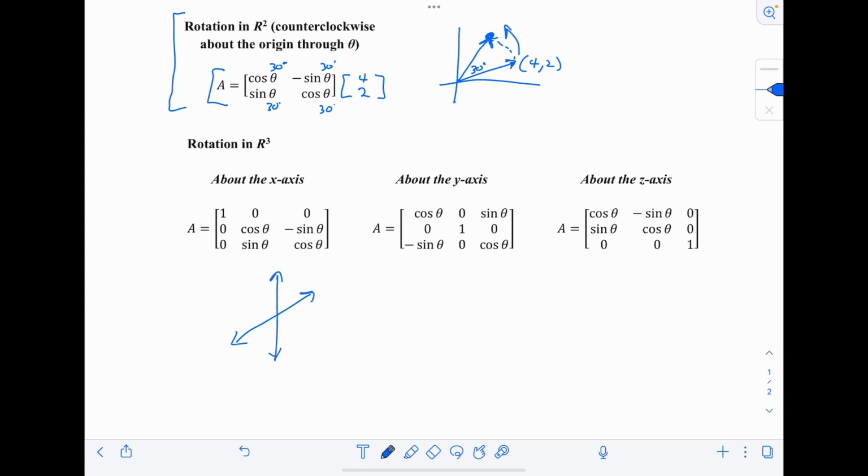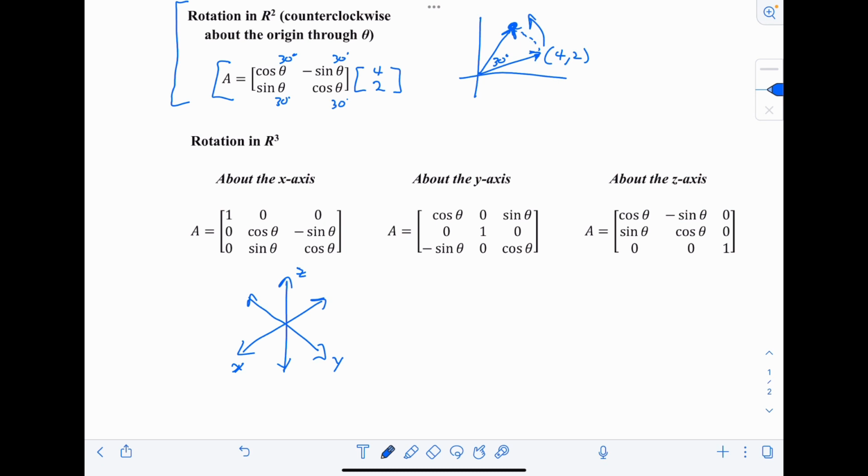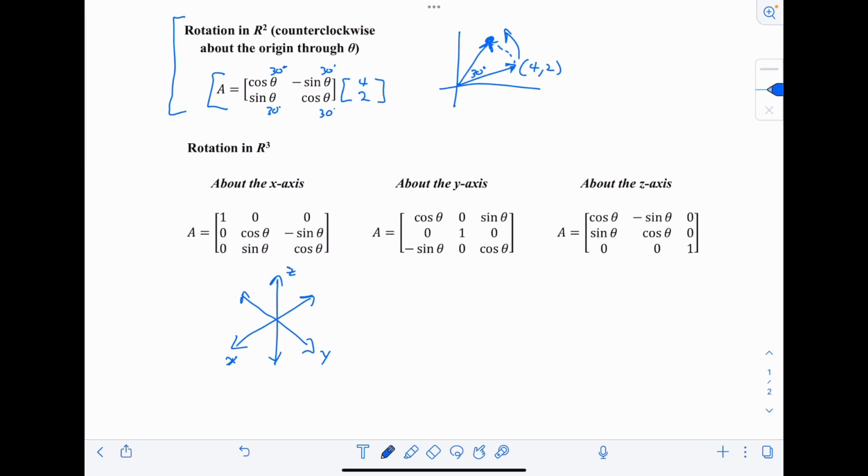Just very simply, to get an idea of what this looks like, let's say this is my x-axis, and this is my y-axis, and this is my z-axis. If I want to take an object and rotate it about the x-axis, maybe I have a little box here. All right, you get the idea.